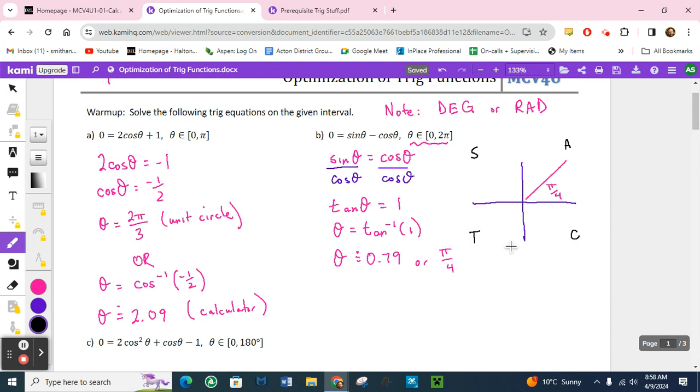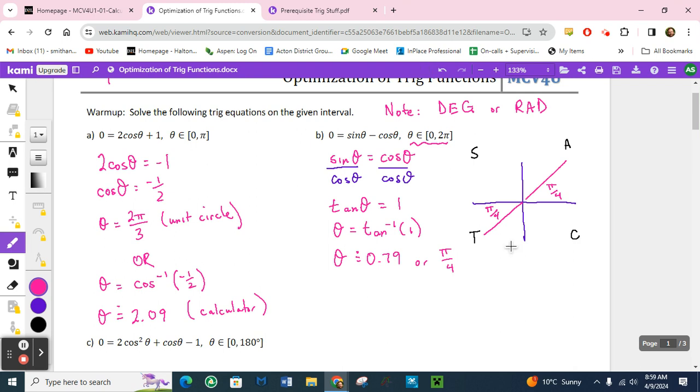Where's the other possible solution? Well, it's the other quadrant where tan is positive. It's the bottom left one down here. It will have the same related acute angle. It'll also make an angle of pi over 4 with the x-axis. And now we can get our second solution using the CAST rule.